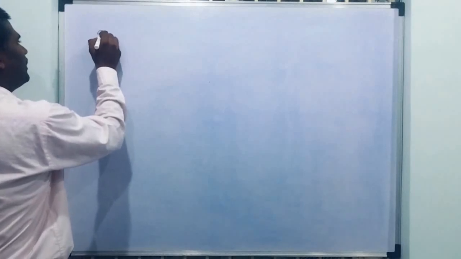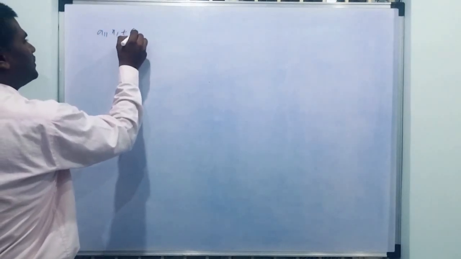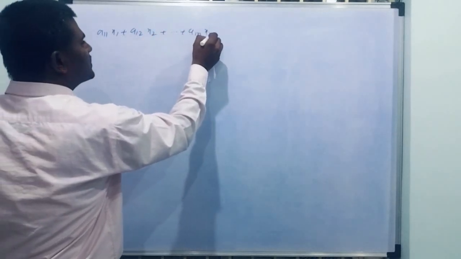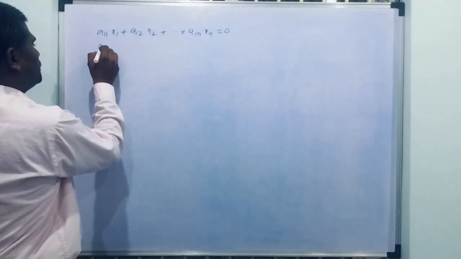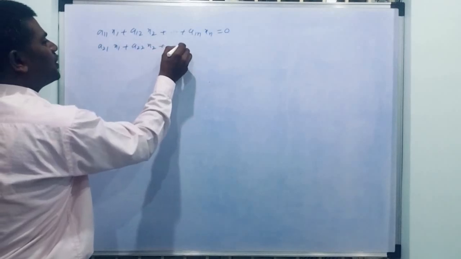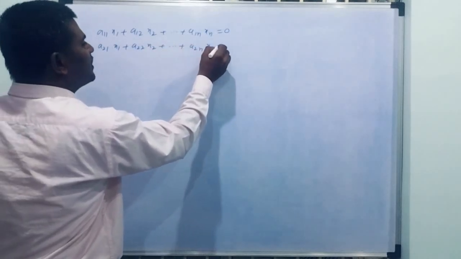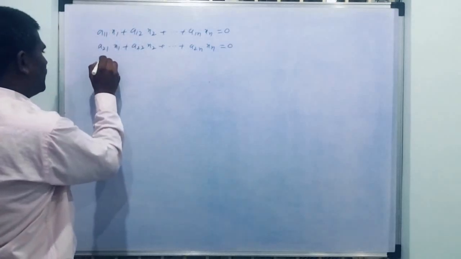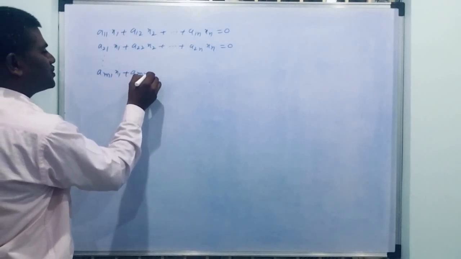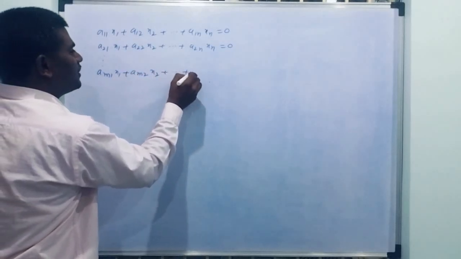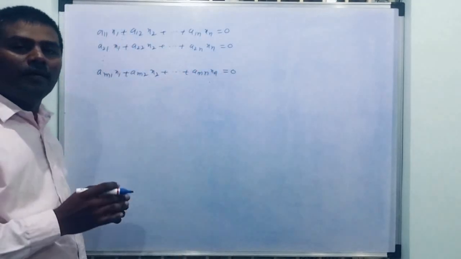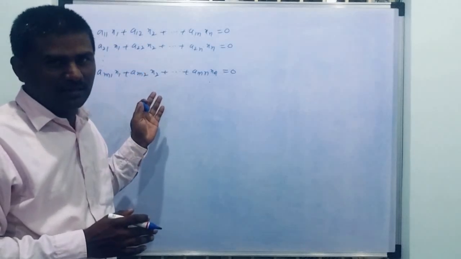Those are a11x1 plus a12x2 plus so on up to plus a1nxn is equal to 0. a21x1 plus a22x2 plus so on up to plus a2nxn is equal to 0, and so on up to am1x1 plus am2x2 plus so on up to plus amnxn is equal to 0. This is called a homogeneous system of linear equations.